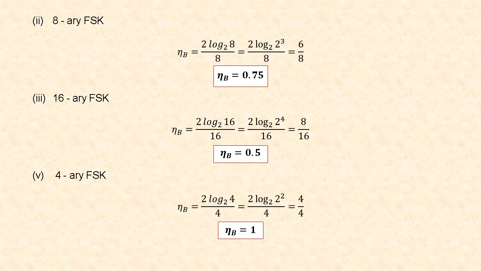That is bandwidth efficiency is 0.75. Next, for 16-ary FSK, substituting M is equal to 16, we have the bandwidth efficiency as 0.5. Similarly, for 4-ary FSK, substituting M is equal to 4, we have bandwidth efficiency is equal to 1.